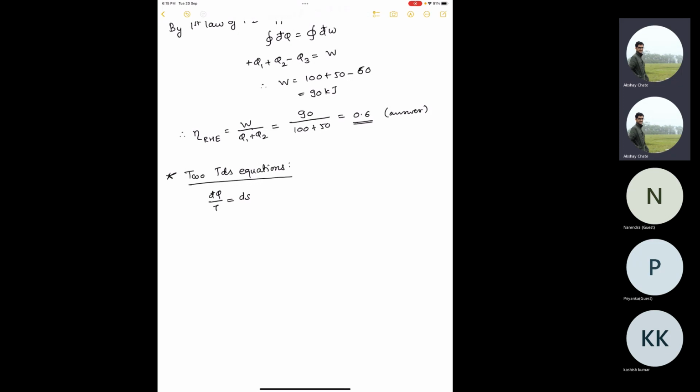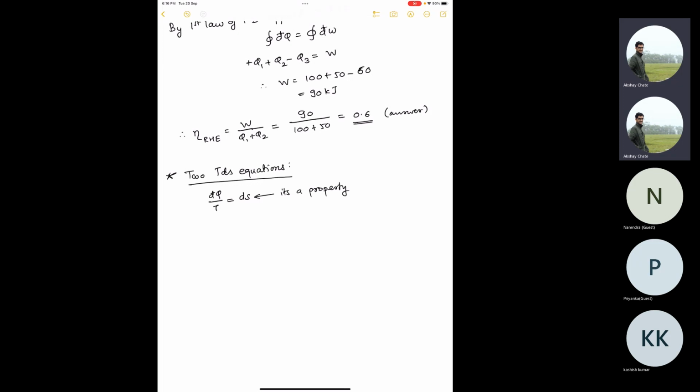Del q is not a property; you can call it a boundary phenomenon, but this ds is a property. It's a very confusing statement. Many a time interviewers will catch you here if you don't understand this properly.